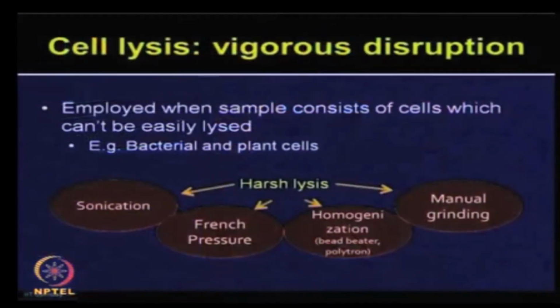Sonication and French pressure are more used when you are working with bacteria, yeast, or different types of cells which are difficult to open. We will talk about these in more detail in a more specific example when we talk about how to extract proteins from a bacterial sample.